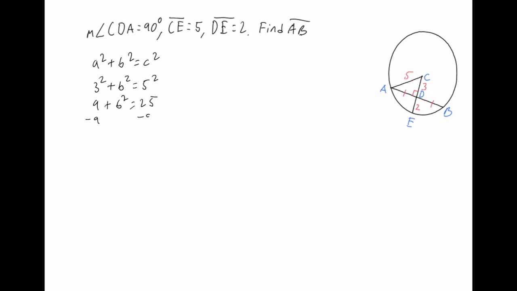Subtract 9 from both sides. B squared equals 16. Square root both sides. B equals 4. So we now know that side AD is equal to 4. And as we figured out before, DB is the same length, so that is also 4, meaning AB is 8.